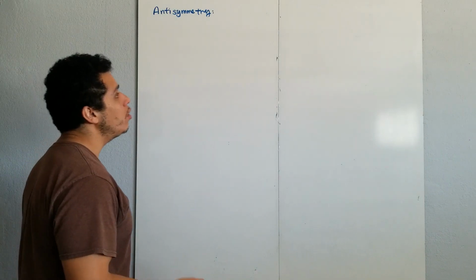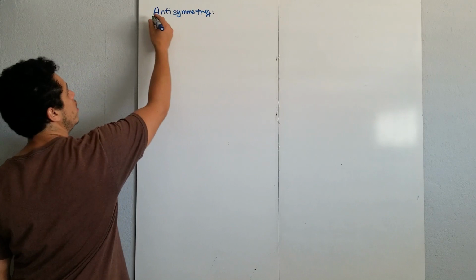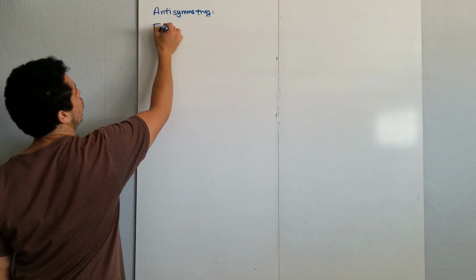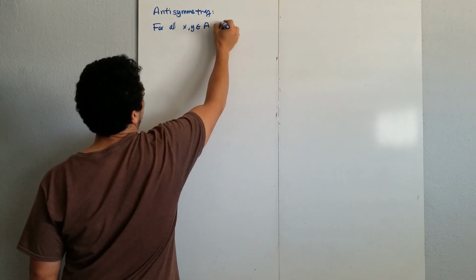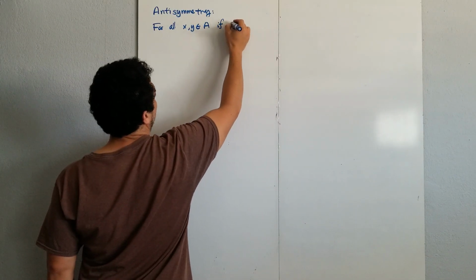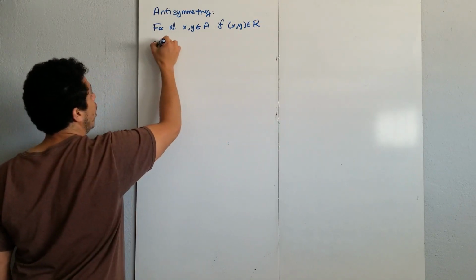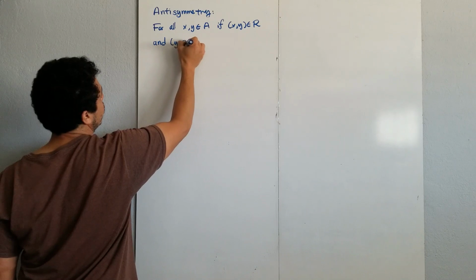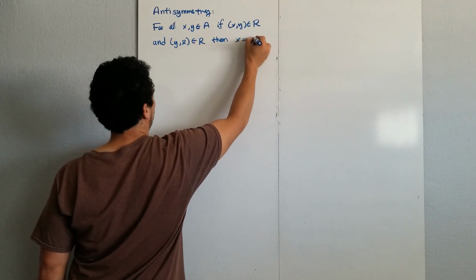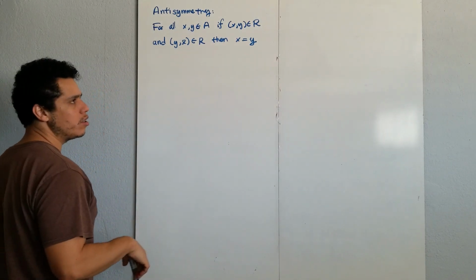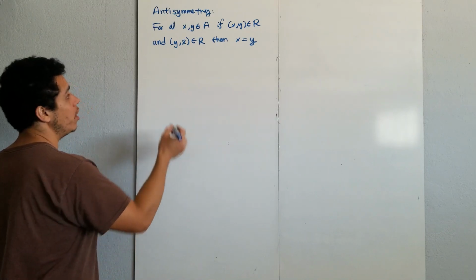So for antisymmetry, which is the last property to be treated here, it says this: for all x and y in the set, if x is related to y and y is related to x, then x is equal to y. Now, how does this look in the language of multigraphs?